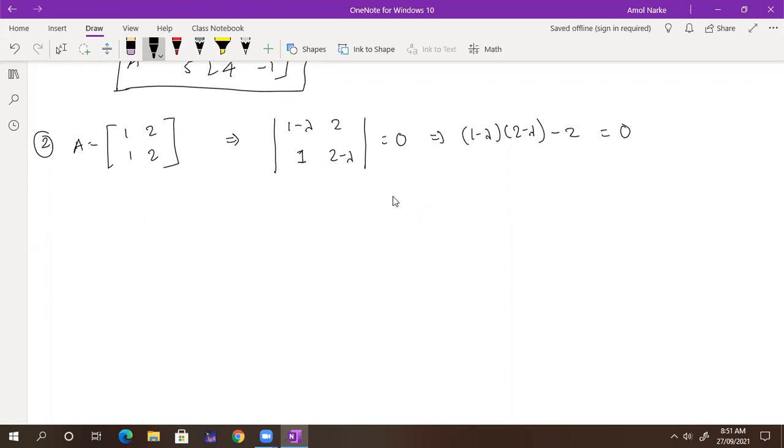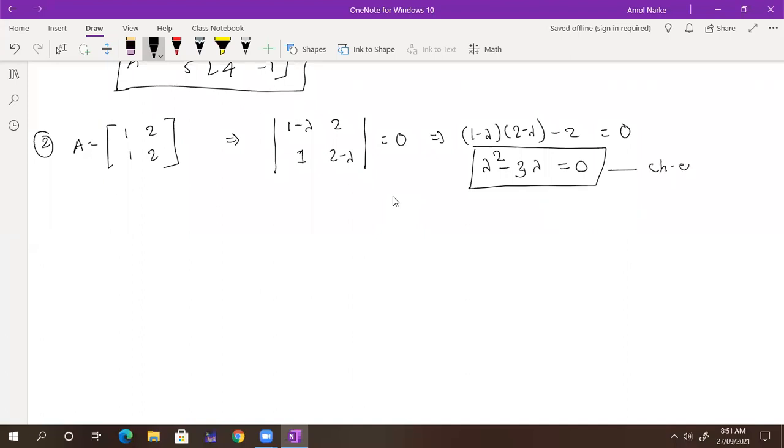So you are getting lambda square minus 3 lambda, which is equal to 0. Check it out. If I multiply here, you are getting plus 2, and that plus 2 minus 2 gets cancelled. This multiplied here gives minus lambda, minus 2 lambda, that is minus 3 lambda, plus lambda square. That is the characteristic equation.